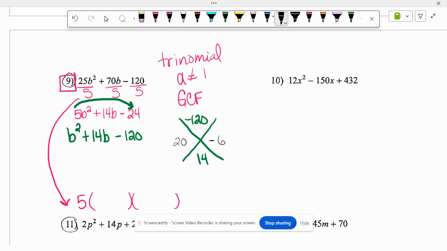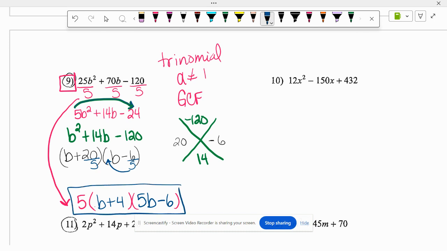I have b plus 20 times b minus 6. 20 minus 6 is 14. I have to divide both terms by 5. 20 divided by 5 is 4, so that gives me b plus 4. Negative 6 does not divide nicely, so that's going to give me 5b minus 6.